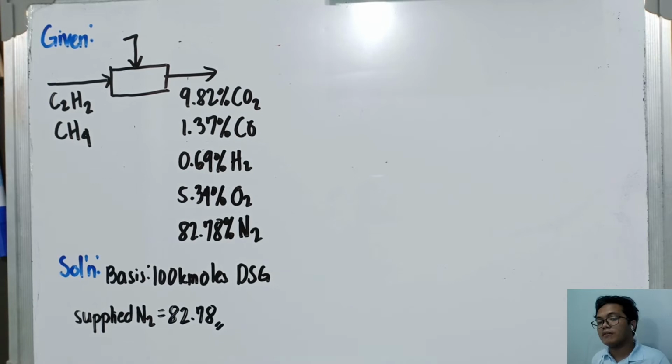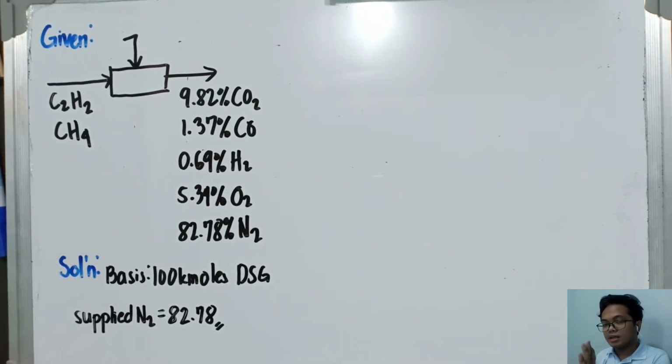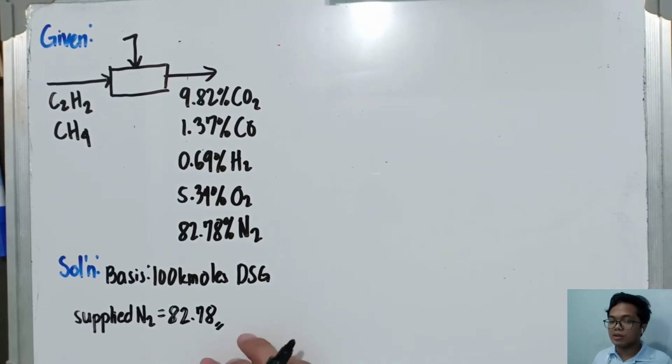Again, since we don't have nitrogen in our fuel, the nitrogen in the product gas is also equal to our supplied N2. This is just a reminder, the supplied N2 is only equal to the N2 in stack gas if there is no N2 or nitrogen from our fuel. I should have discussed that before, but I just want to reiterate that point. In any case, we can proceed right on to the others.